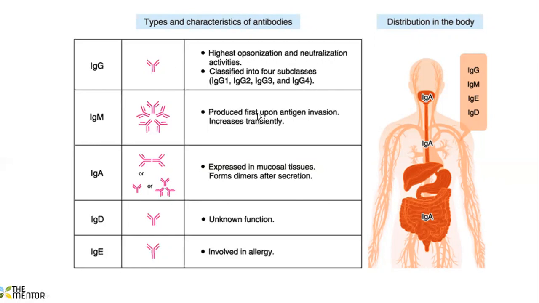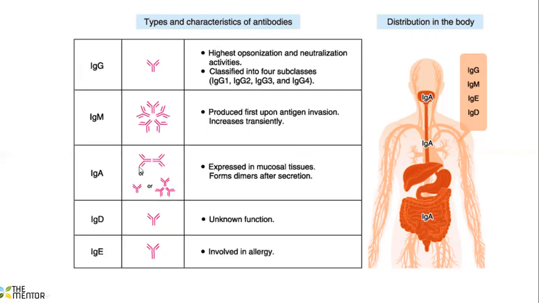It is produced fast upon antigen invasion, increasing transiently. We said IgM is very good. It's the predominant one for primary response. IgG is very important for secondary response.